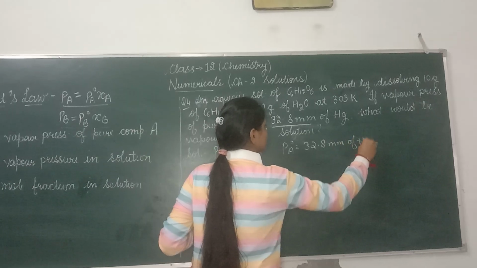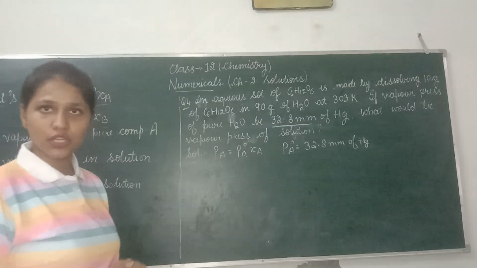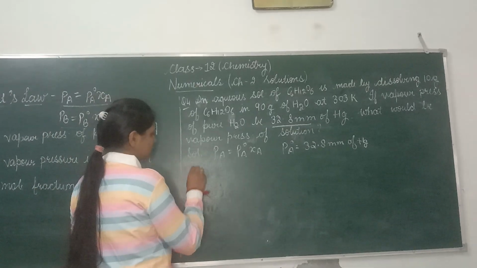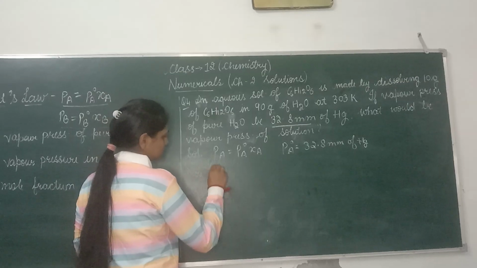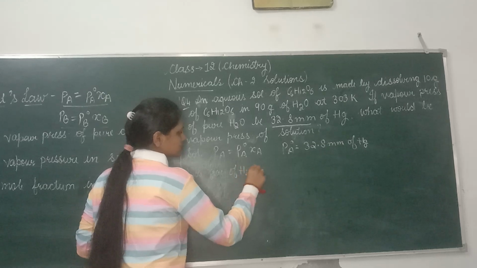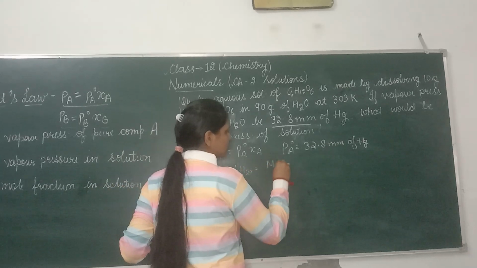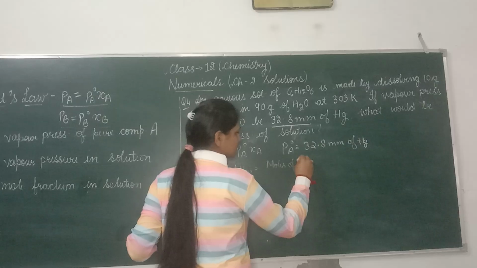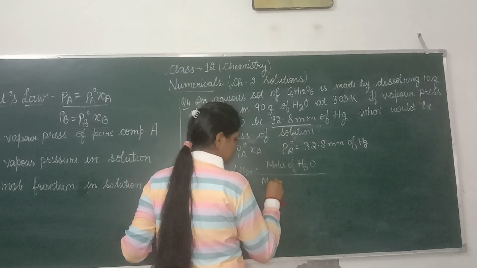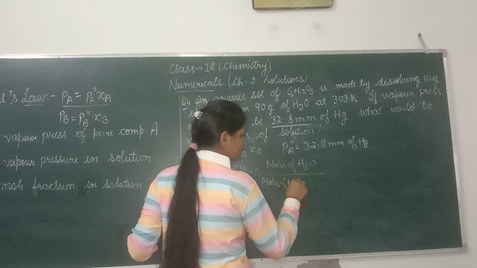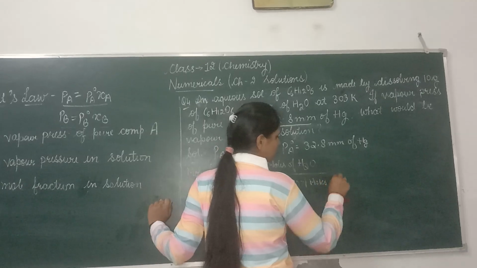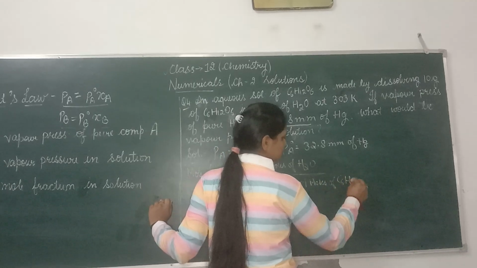We have to calculate the mole fraction of water. So to calculate the mole fraction of water, we have moles of water upon moles of water plus moles of glucose.